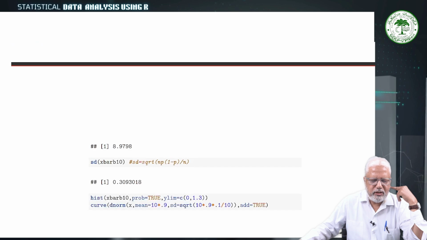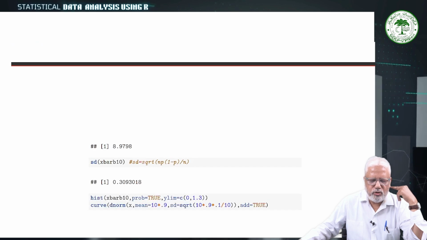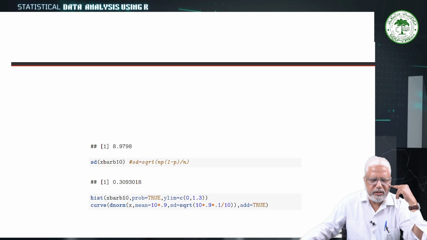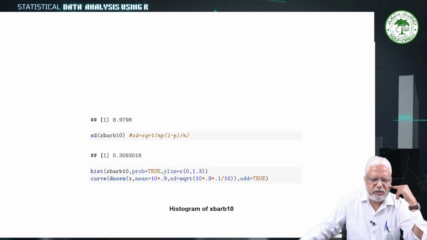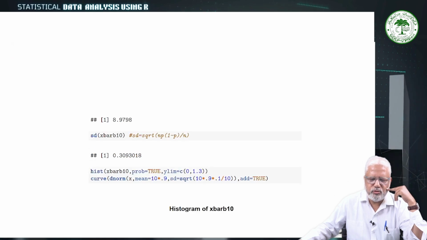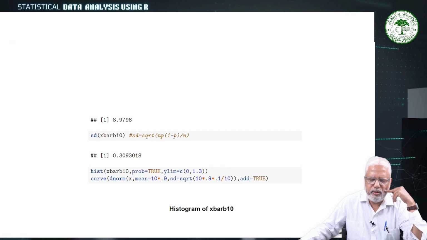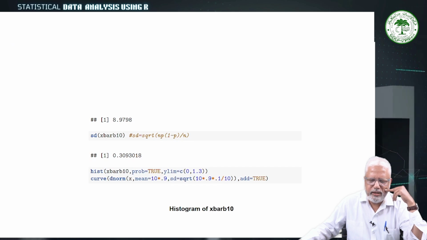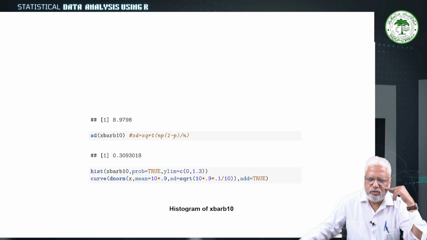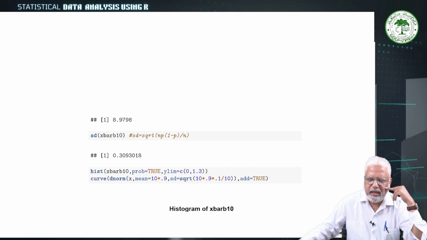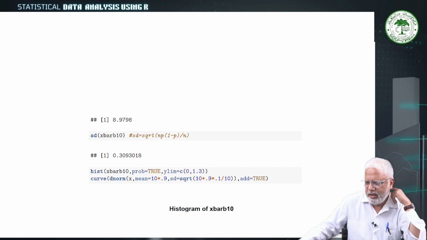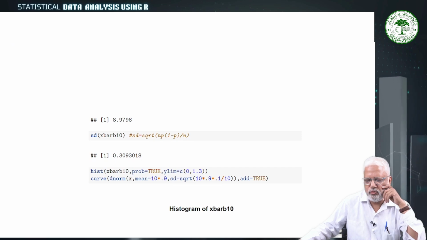The SD is 0.30, so it should be around 0.30. And then hist x bar, prob is equal to true, ylim is equal to c(0, 1.3), and curve dnorm x, mean is equal to 10 into 0.9, standard deviation is equal to square root of 10 into 0.9 into (1 minus p) 0.1 divided by 10, add is equal to true.